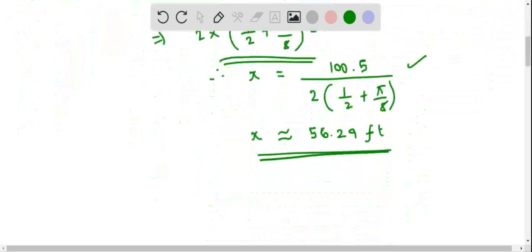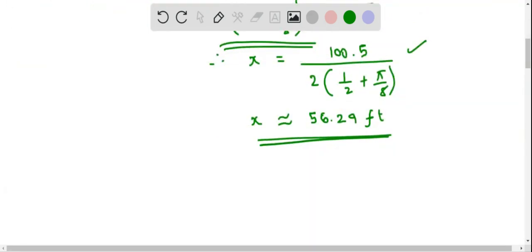For this, we have to find the second derivative of the area function, A double prime of x, and substitute this value of x, the critical point, into it. When it is less than 0, the area is maximum, and when it is greater than 0, the area is minimum.